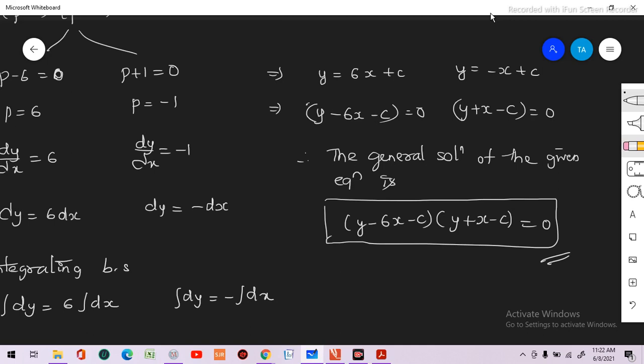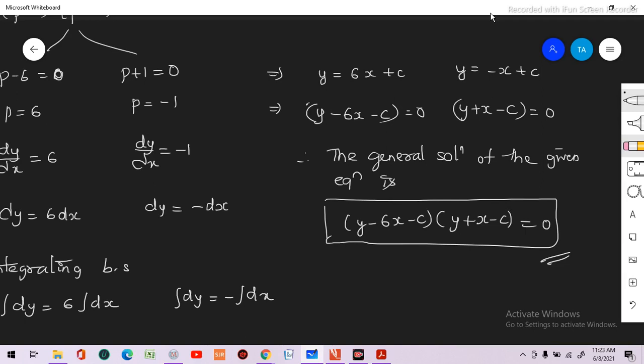Now how do you differentiate solvable for p? We have discussed 4 types, no? What are those types? Solvable for p, solvable for x, solvable for y, and the fourth one is Clairaut's equation.